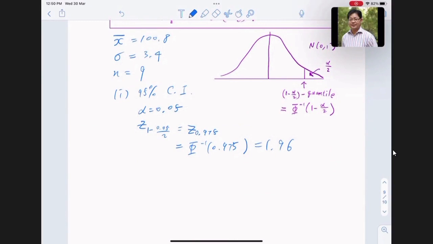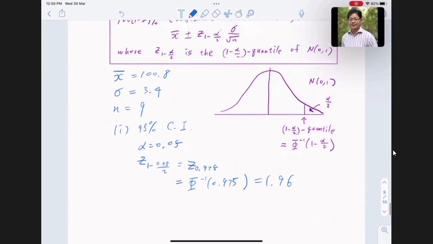So we have everything. So we substitute into the formula. The confidence interval will be obtained as 100.8 plus minus 1.96 multiplied by 3.4 over square root of 9.